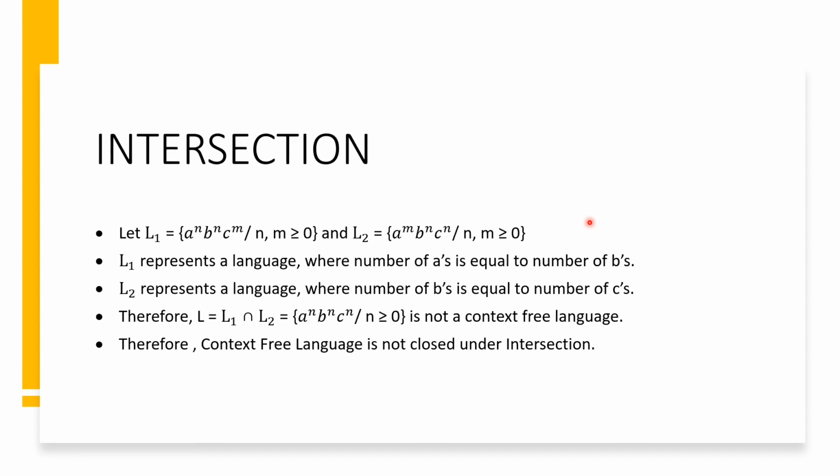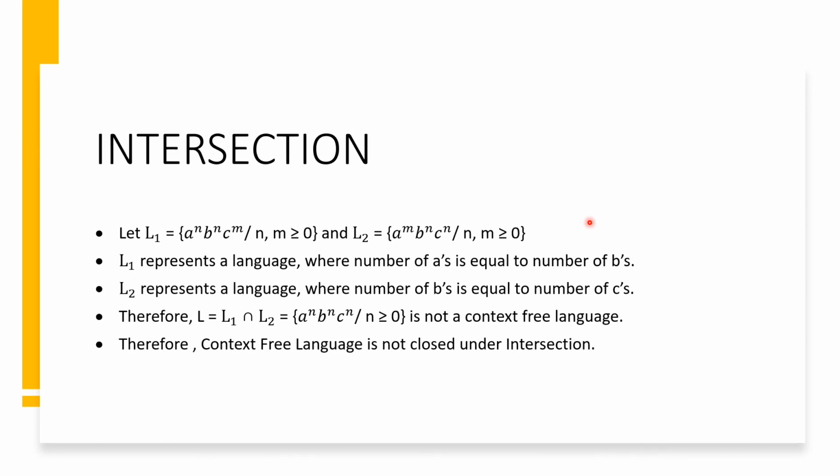Therefore, the intersection of languages L1 and L2 represents a language where the number of A's is equal to the number of B's and is equal to the number of C's. Therefore, L1 intersection L2 equal to a power n b power n c power n, where n is greater than or equal to 0, is not a context-free language. Therefore, context-free language is not closed under intersection.